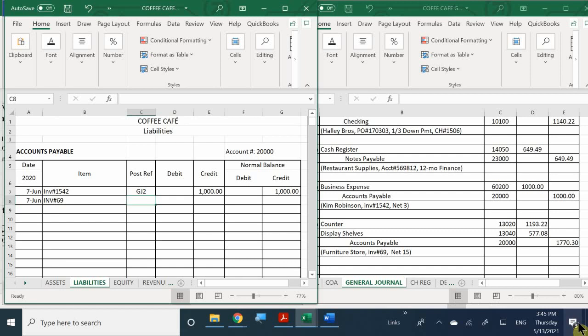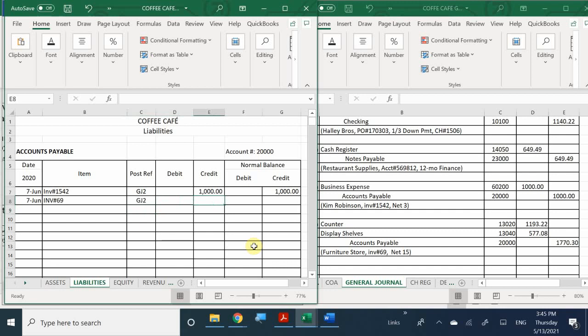But for any chance that it does happen, you could just indicate little scenarios there, maybe the company name or whatever it is. But usually if you write in the invoice number and you have the actual amount written here, you already know exactly what the bill is. So again, this is general journal number 2.